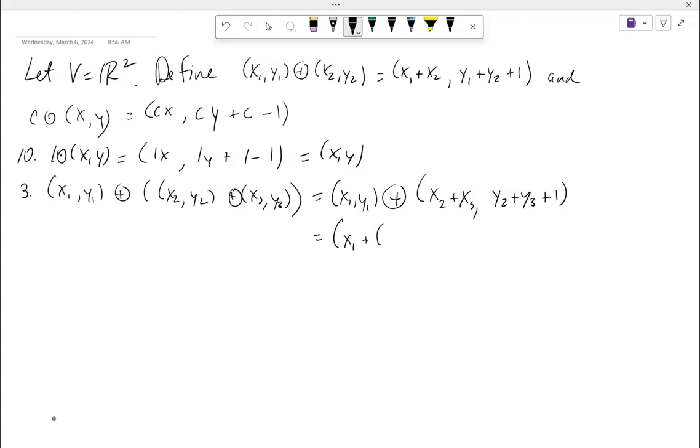So we exclude x3 in that first component, right? So you get y1 plus y2 plus y3 plus a 1, and then what goes on the end?